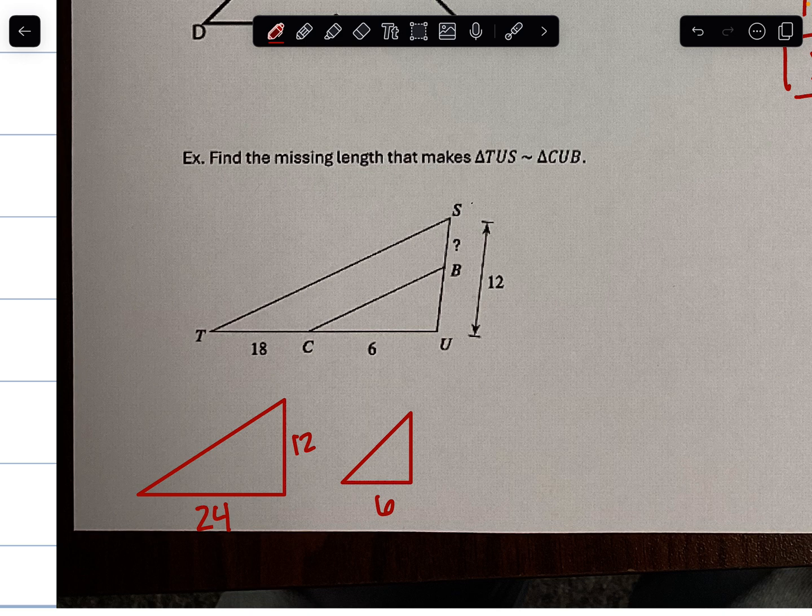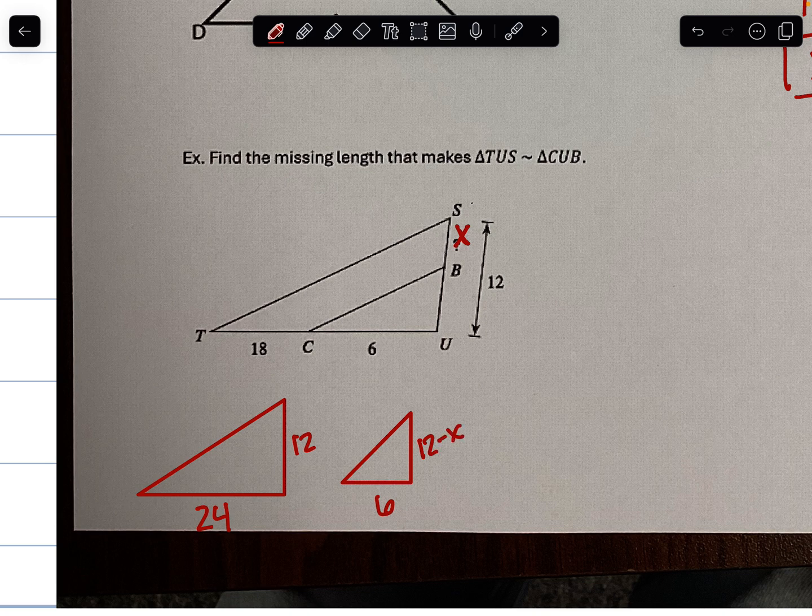Just x? Okay, so listen. If I know this whole part, here's what you have to be careful for, because it's asking you to find this, SB, which is x. Okay, I agree, we can call that x, but then we need the length from B to U. So if the whole thing's 12 and this is x, how could I find this missing part? 12 minus x is correct.